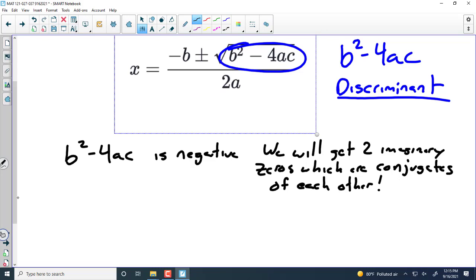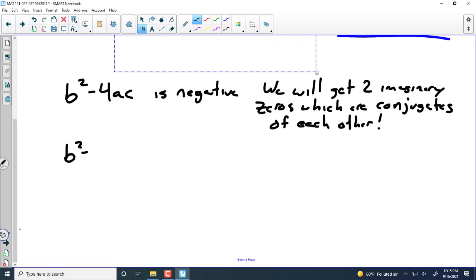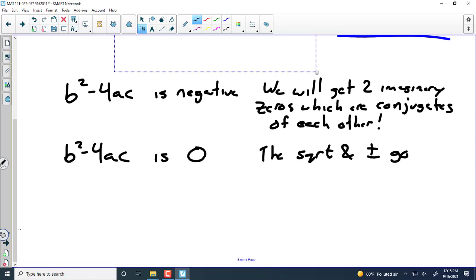In other words, they'll both be nasty imaginary numbers, but we'll have a plus, we'll have a minus. Then they made the observation that if b squared minus 4ac is 0, the square root and plus minus goes away, and you get one real answer. You're only going to get one answer if that whole square root goes away. Just one answer to the problem.